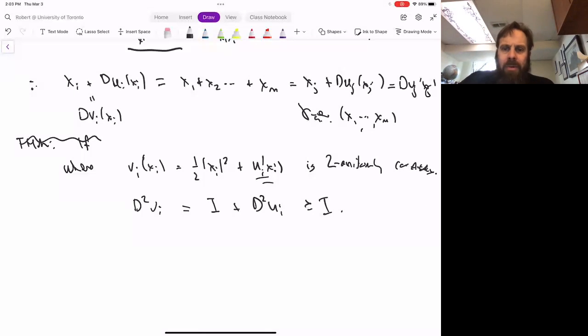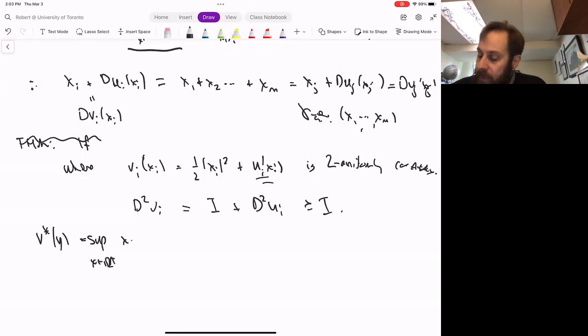And I can't remember how much I said about Legendre transforms earlier in the game, but if I define v star of y to be the supremum over x in Rn of x dot y minus v of x, that's the Legendre transform.